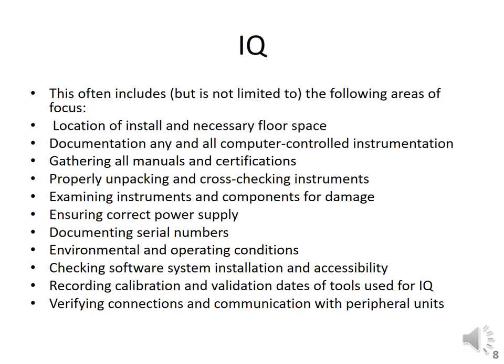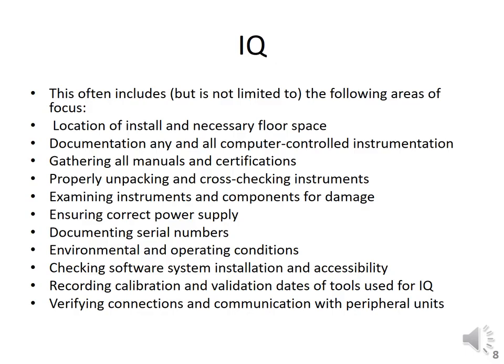Environmental and operating conditions, these are important. Whatsoever is given in the manual or the operating conditions or SOP, you have to fulfill and maintain those conditions. Checking the software system installation and accessibility: the software system associated with your equipment should be installed properly along with the machine, right? And that should be accessible. Okay.